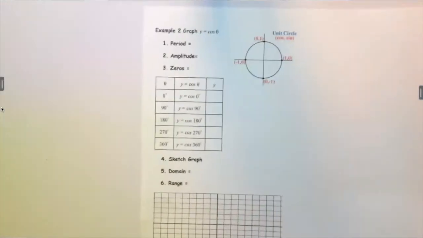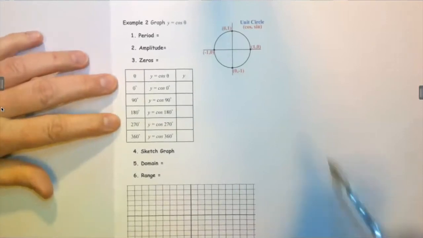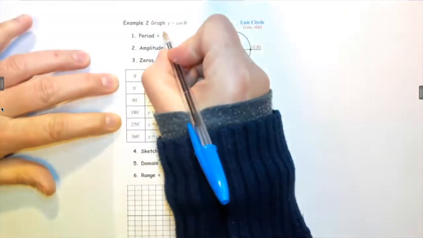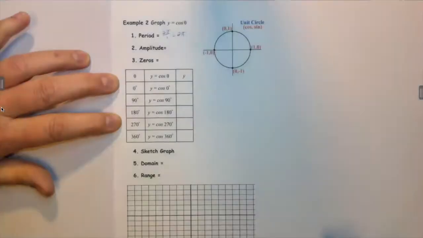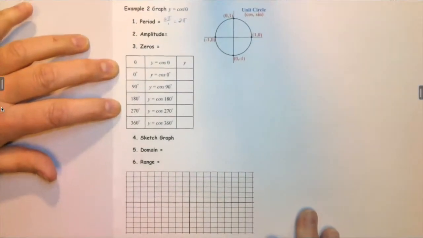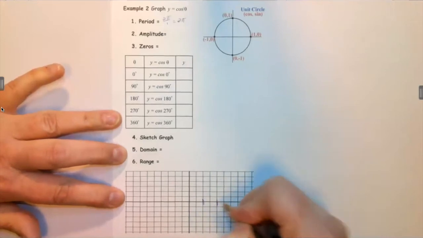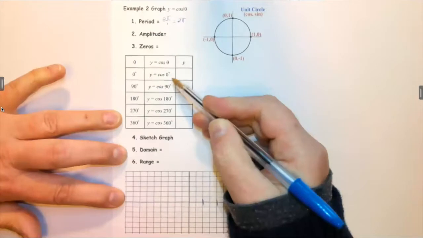Next, we have cosine. The period for cosine is found from the number in front of theta. We have a 1, so that would be 2 pi divided by 1. The period is 2 pi. I create my 4 equal intervals. We are going in degrees.